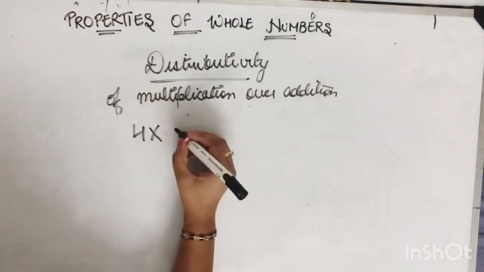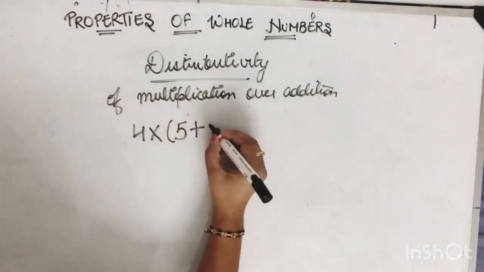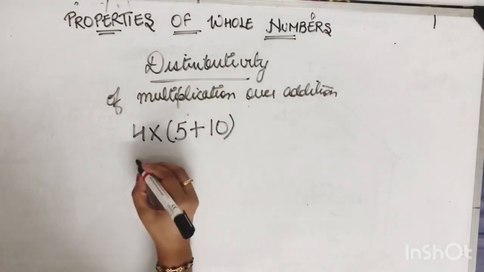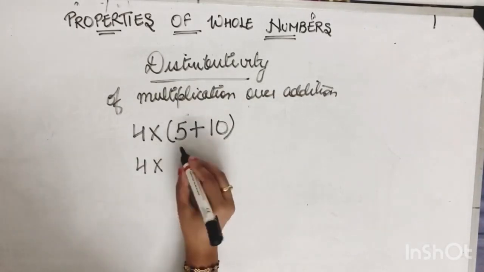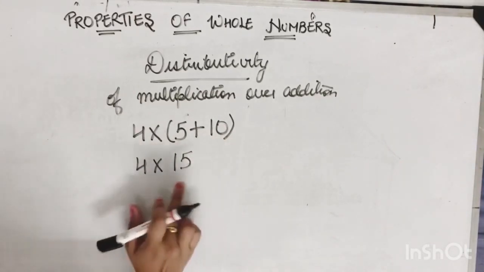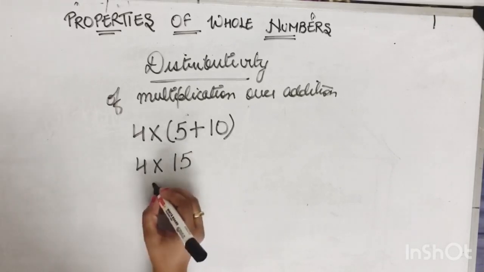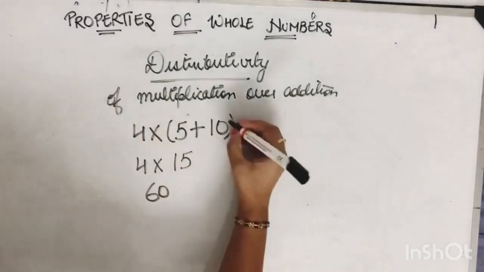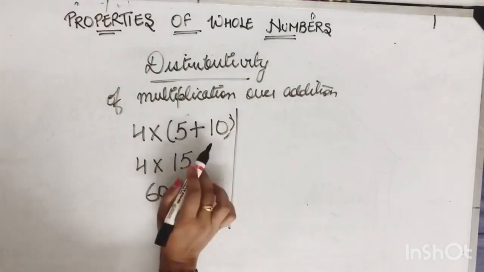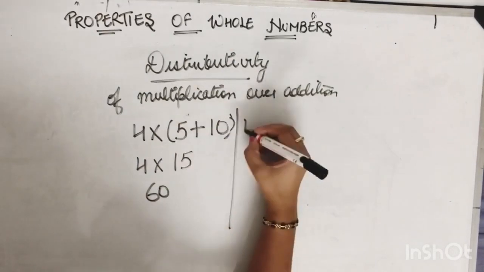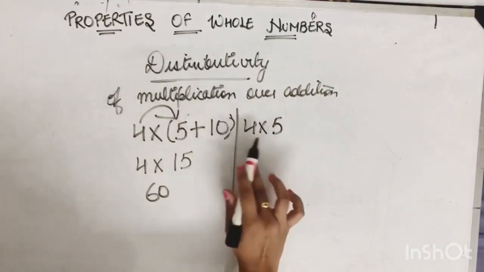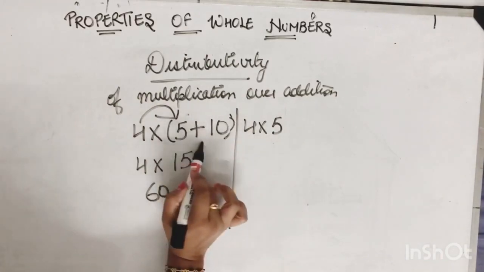Now let's say you have to solve 4 into 5 plus 10. So you can do by this method. 5 plus 10 is 15. Then you have to multiply 4 into 15. 4 into 15 is 60. You can do this by one more method, by applying distributive property, that you can open the brackets. 4 into 5, पहले 4 को 5 से multiply किया, 4 into 5 plus, which sign is present?